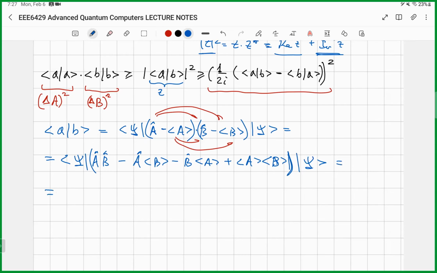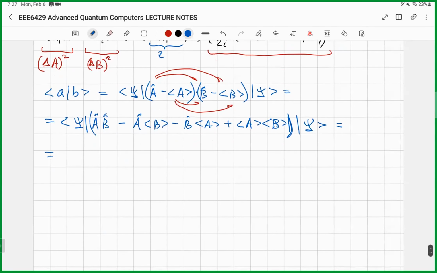So now let's open this parenthesis, right? It will be psi, then AB psi, then minus expectation B, which is a constant, so I take it out from this operation, and here we'll get psi A operator psi.